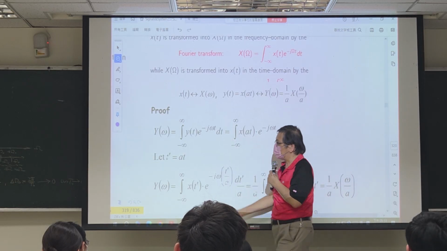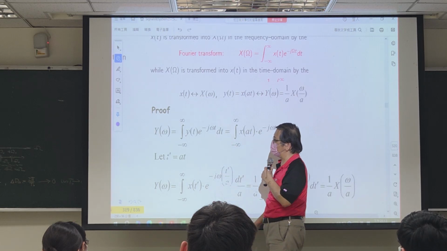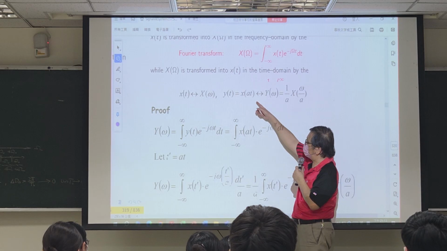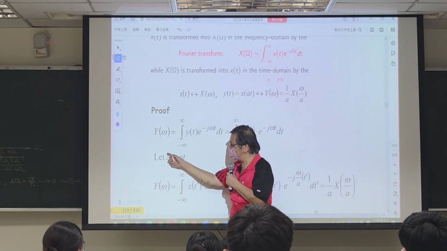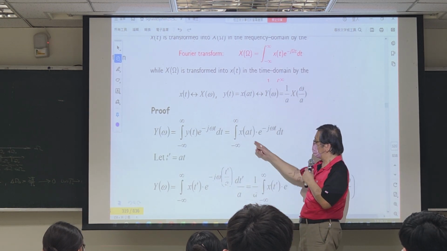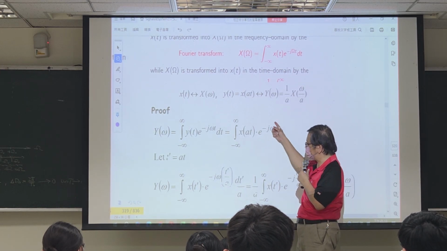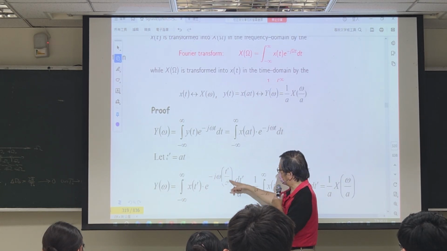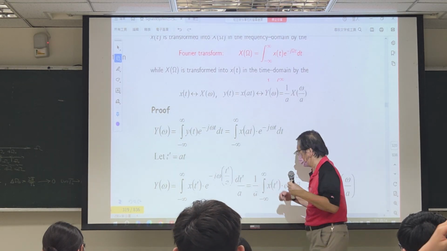Okay? So the Fourier transform of y is given by definition, the integral of y of t times e to the negative j omega t dt. And this y of t now is replaced by x of at. Then we define another new variable in the time domain, t prime equals a times t. So this exponential function can be written as e to the negative j omega times t prime over a, that is, omega over a times t prime.